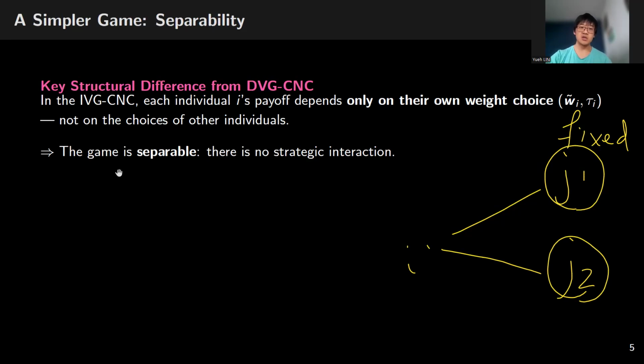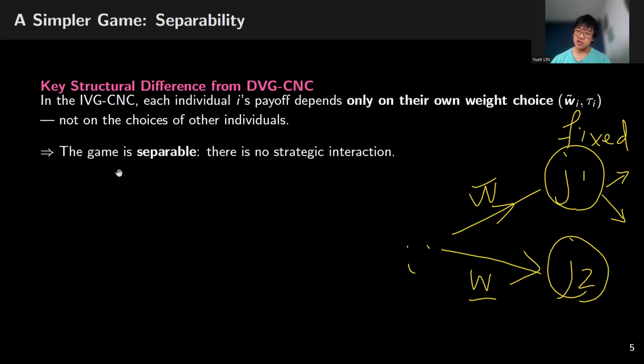Let me explain. So the strategic choice of I is how should I distribute the weight between his neighbors, right? His choice about whether to assign some neighbors as friends, assign some neighbors as enemies, does not depend on how J1 assigns his neighborhood.